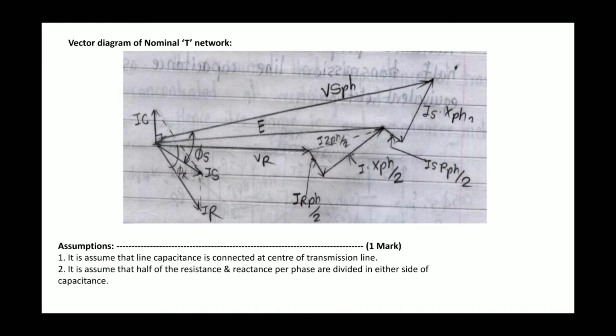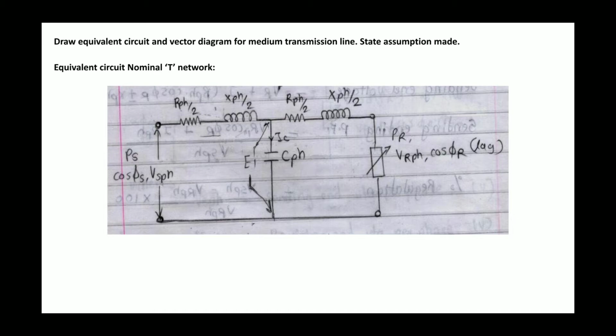Then IR PH divided by 2. This current is flowing in this part, which means your load is connected to the second portion of the medium transmission line.